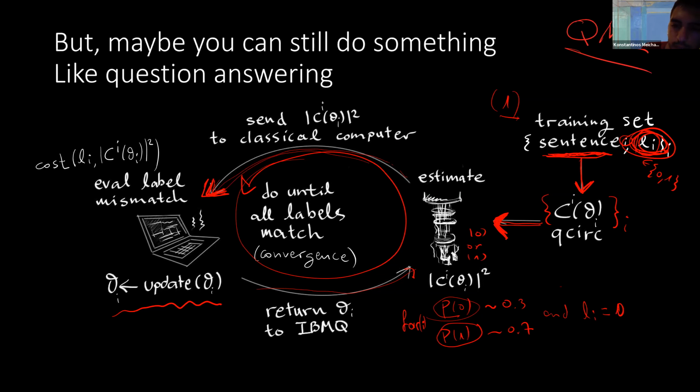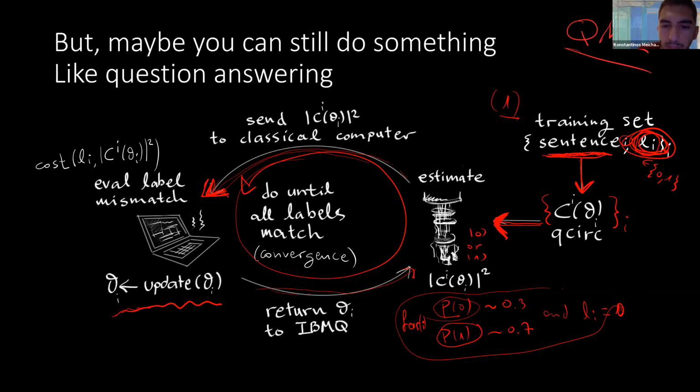Checking whether there is a mismatch happens classically on your laptop after you read the results of your quantum computation. What you have to do then is update these thetas, tweak your parameters, change your settings in the circuits so that the states are modified, because they're not what they should be. The states that you're preparing are not doing the job of encoding the meaning correctly so that the labels are produced. They don't have the correct meaning.